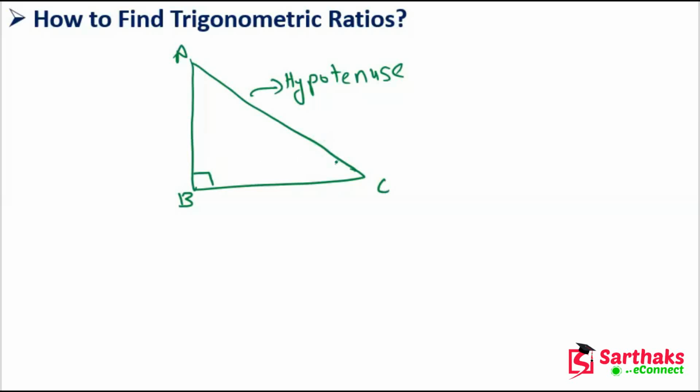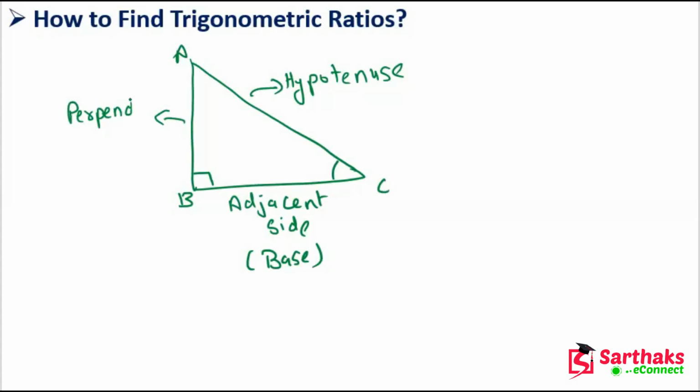This is the side adjacent to this angle, which is also called the base. And this is our perpendicular side. So there are three sides. Now we have to find the ratios with respect to angle C.